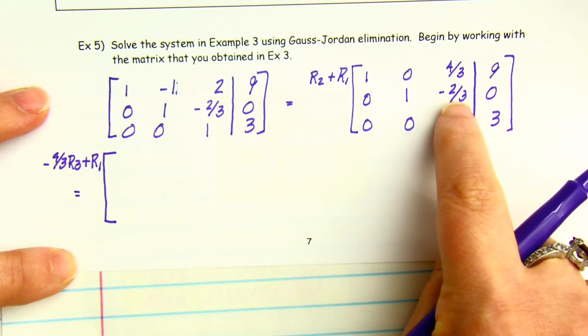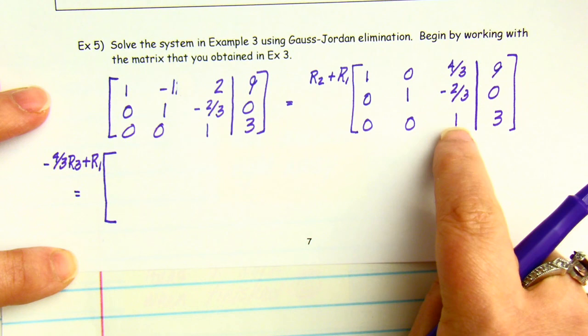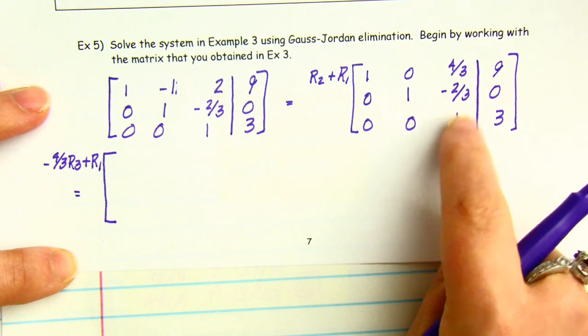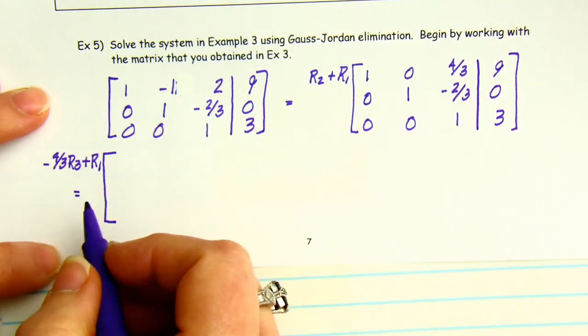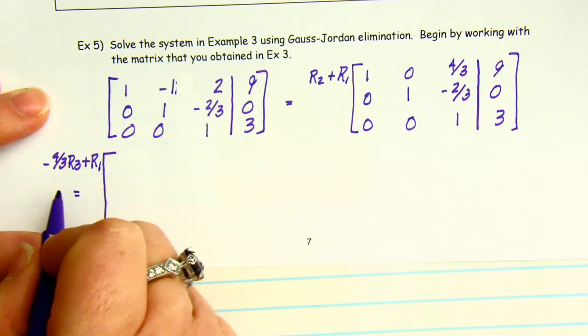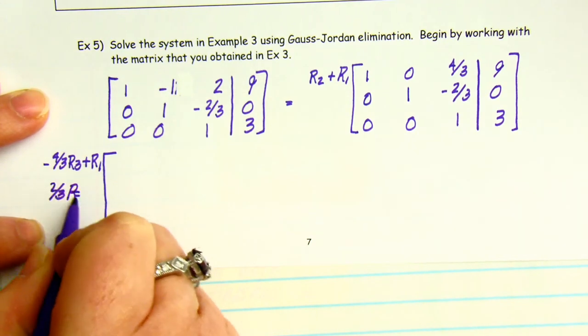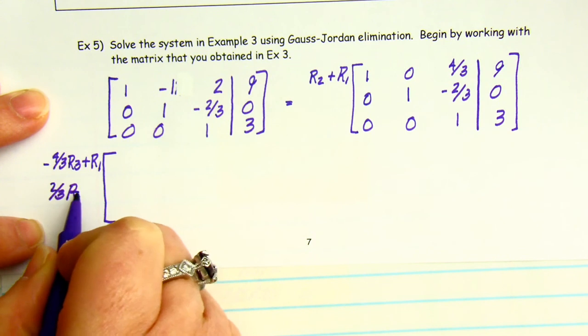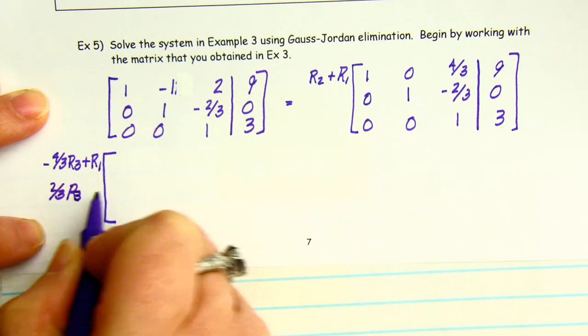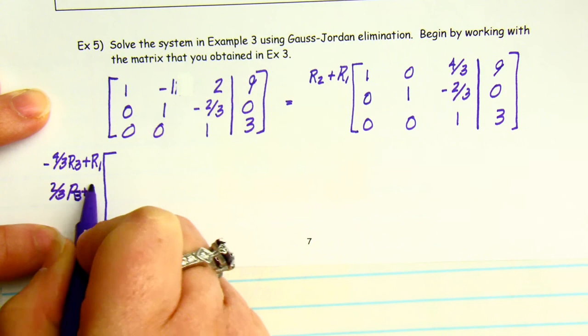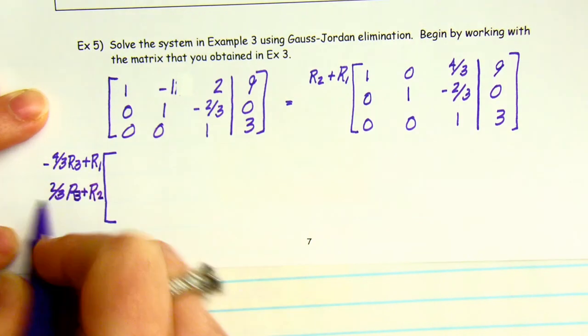I'm going to multiply this 1 by +2/3 and add it to row 2. 2/3 times row 3 plus row 2. Row 2 gets replaced.